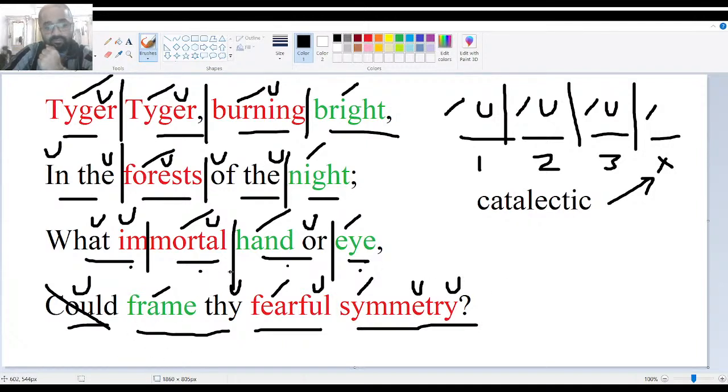Could frame, sorry, no could, frame thy fearful symmetry. So it's like: Tiger burning bright in the forests of the night. What immortal hand or eye frame thy fearful symmetry? Perfectly all right.